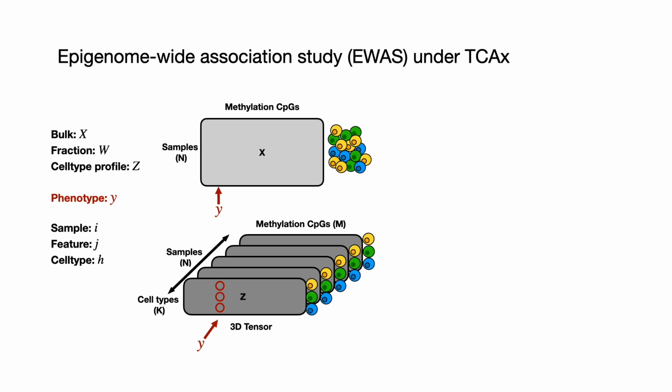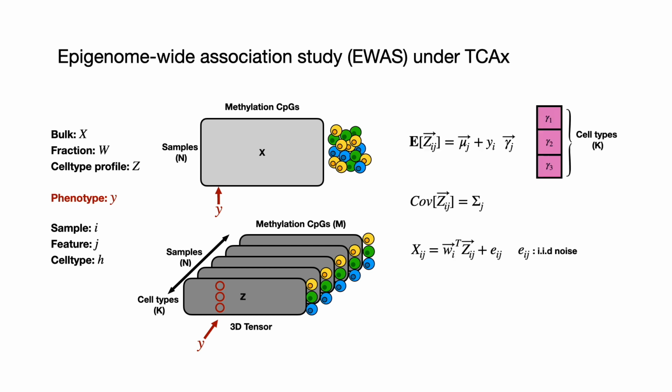We can very naturally achieve that under the current TCAX framework by just adding one additional term. The expectation of the cell type specific profile at sample i, CpG j, can be written as mu_j plus an additional phenotype of interest times its effect size.